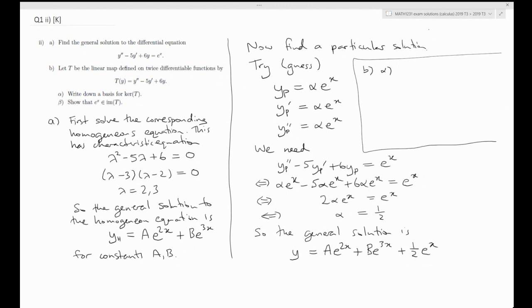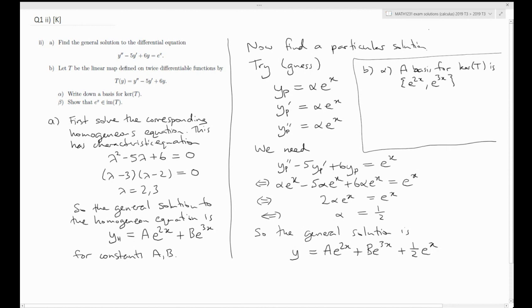So we can immediately write down a basis for ker T. A basis is a minimal spanning set, so you should be able to spot straight away that it's e to the 2x and e to the 3x.